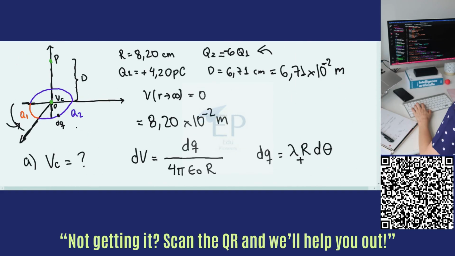And we can see this easily from the picture. It will be this distance in here, and this distance can be calculated as the hypotenuse. So it should be d squared plus r squared, the square root of all of this sum.